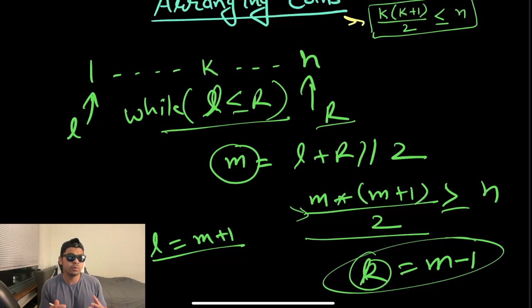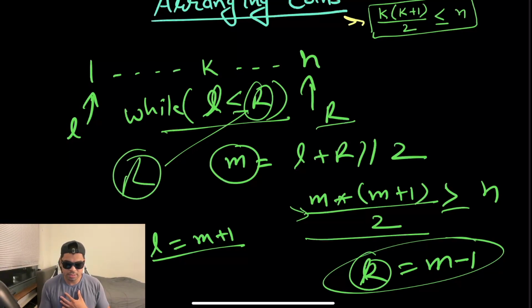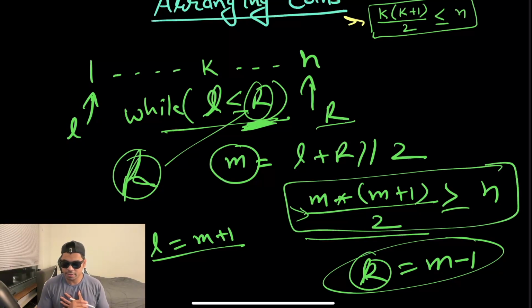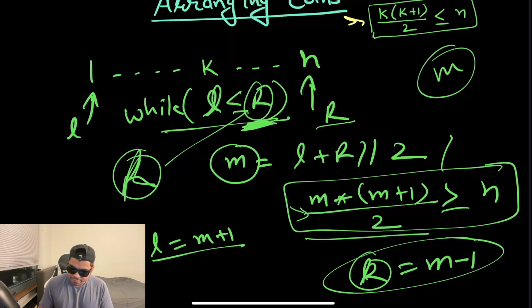What we really want is to return our R, because we want to stay safe in terms of this condition. If this was equal to n, then we will return mid. Otherwise, we check if this is greater than n.